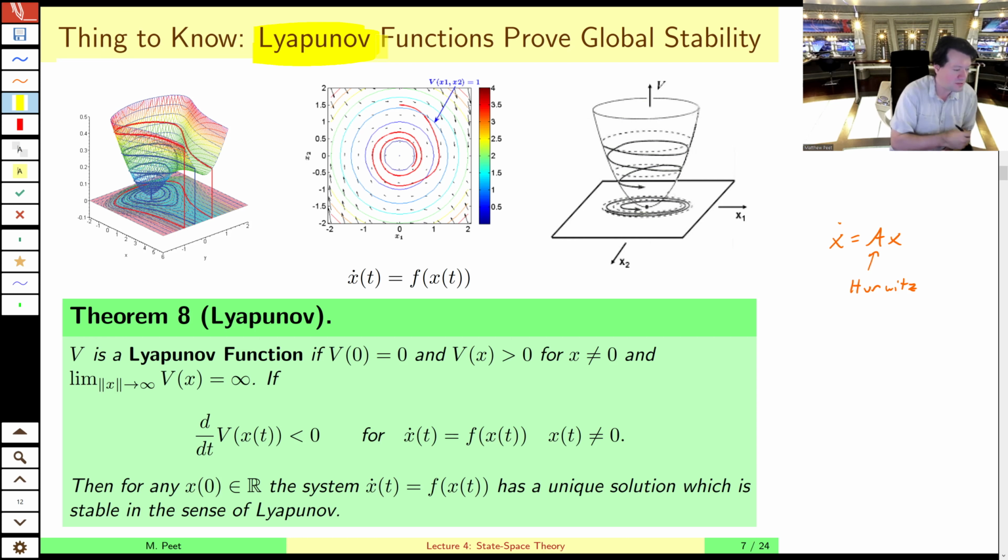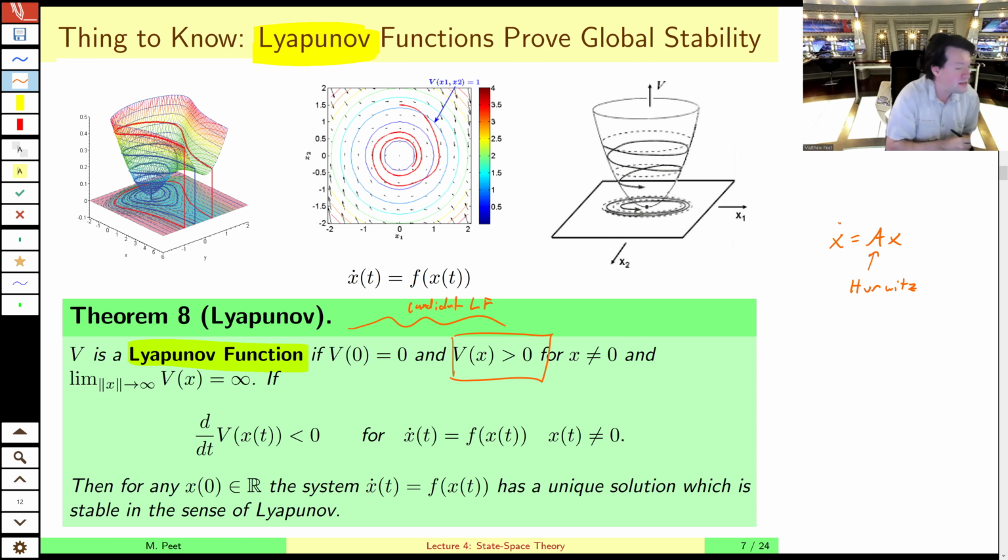And when the state is 0, we generally require the function to be 0. So that's a candidate Lyapunov function, actually, technically. So these two properties make a candidate Lyapunov function.